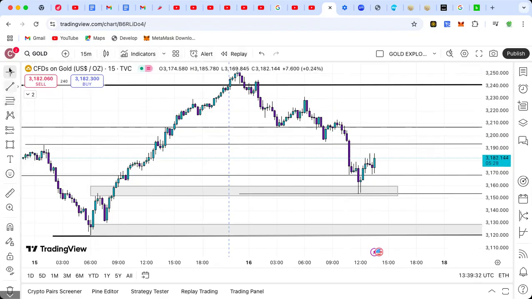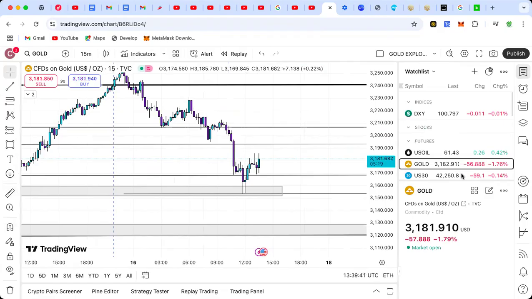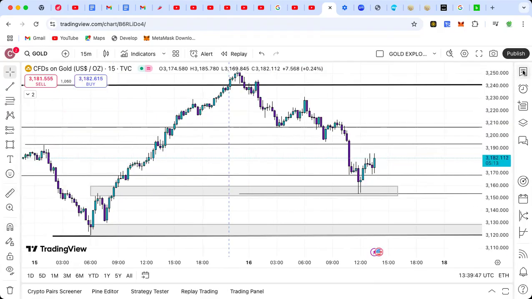At your left pane, you have all the tools that you use. At the right pane is where you have your watch list, or prices of things. If you click here, it will hide it, to make your page very neat.